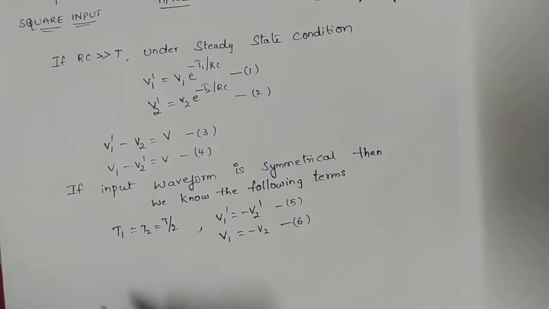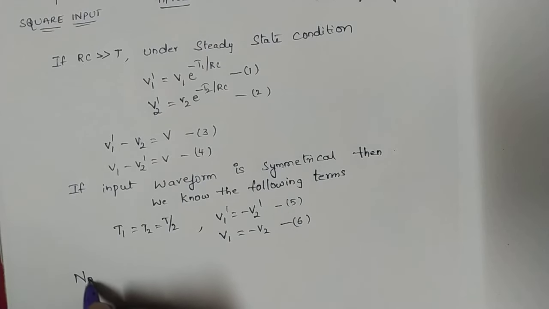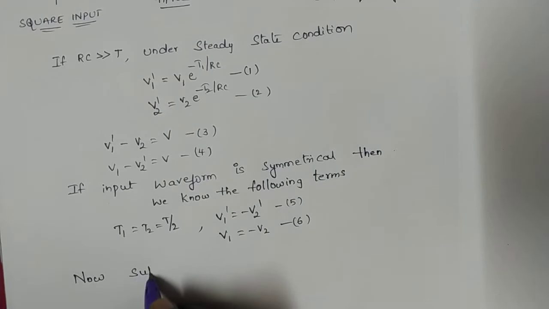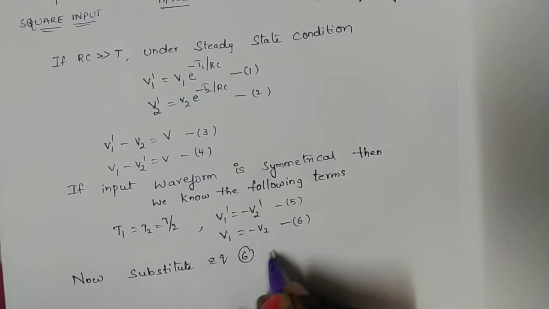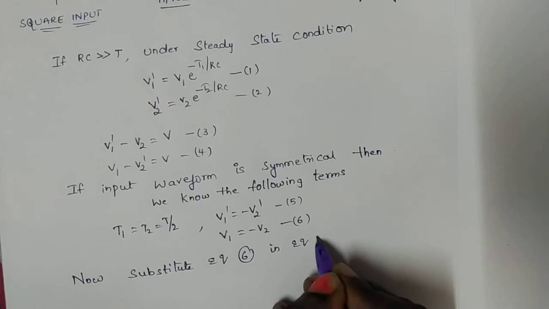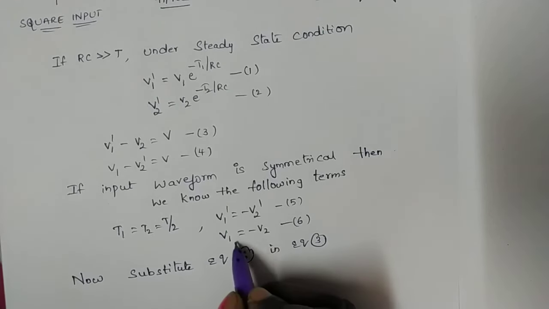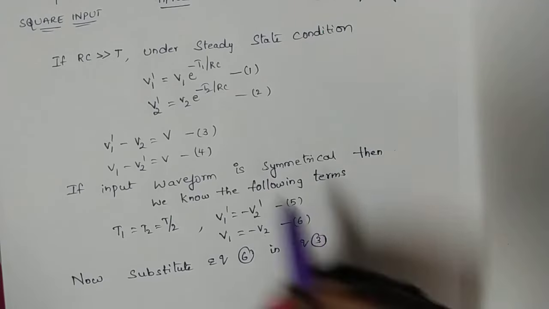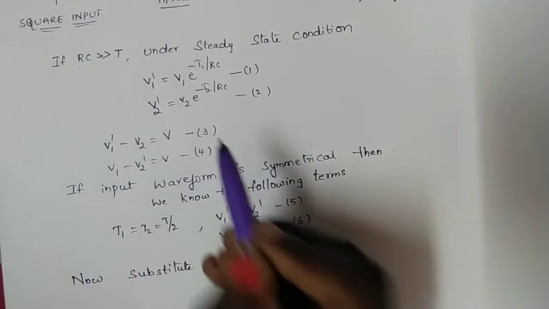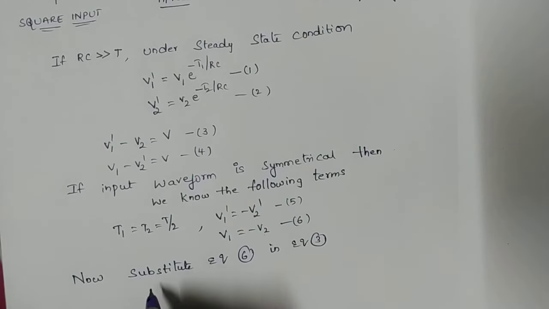So now substitute equation 6 in equation 3. For simplification, you can take any one; I am taking the V1 terms. So substituting this in equation number 3, how will it be represented?